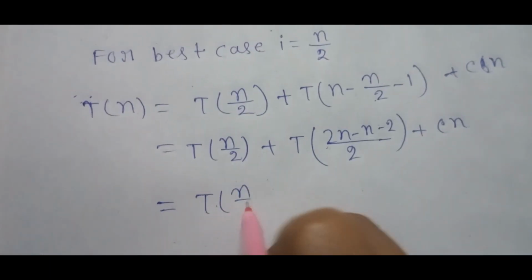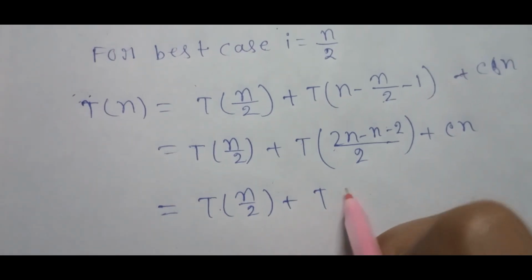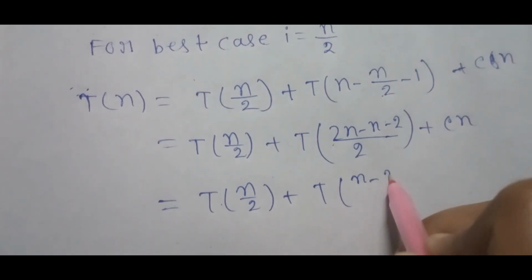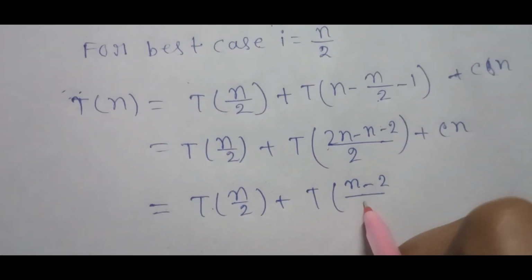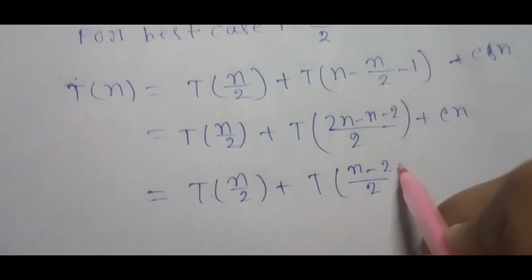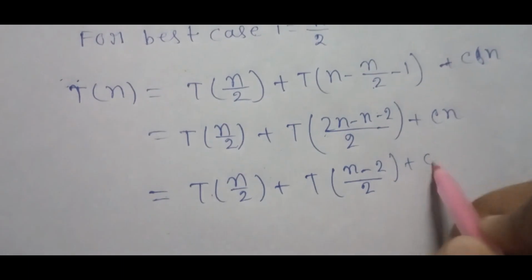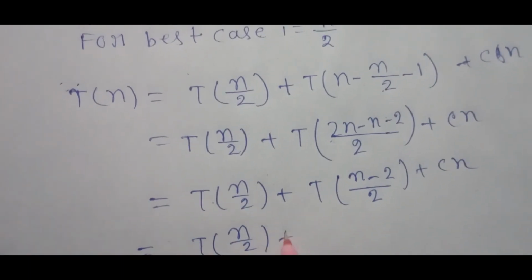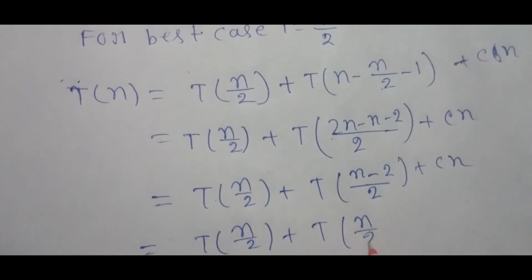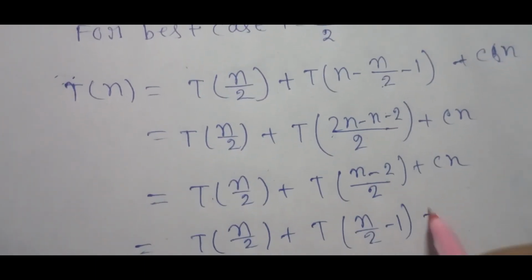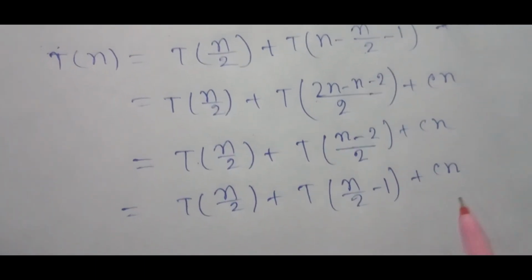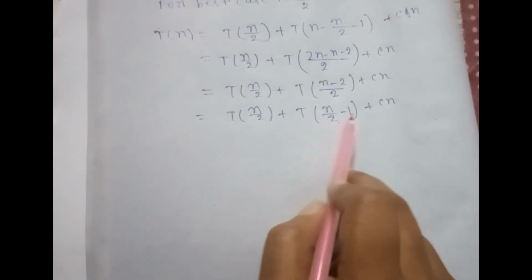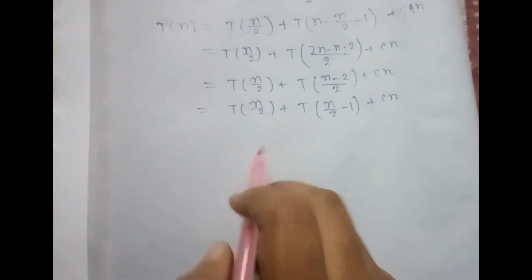T(n by 2) plus T((n minus 2) by 2) plus Cn. T(n by 2) plus T(n by 2 minus 1) plus Cn. T(n by 2 minus 1) means T(n by 2).